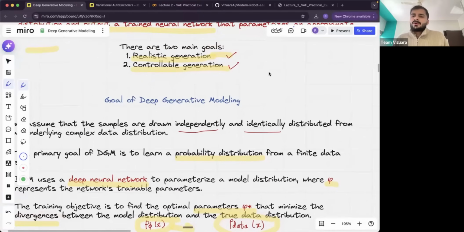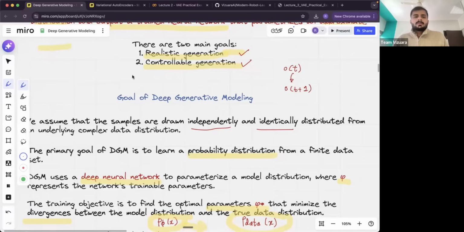If you look at robot training data, let's say we collect our observations at time t, which is a bunch of proprioceptive and visual data. And then you collect the observation at time step t plus 1. Now, my question to all of you is, are these samples independent from each other?